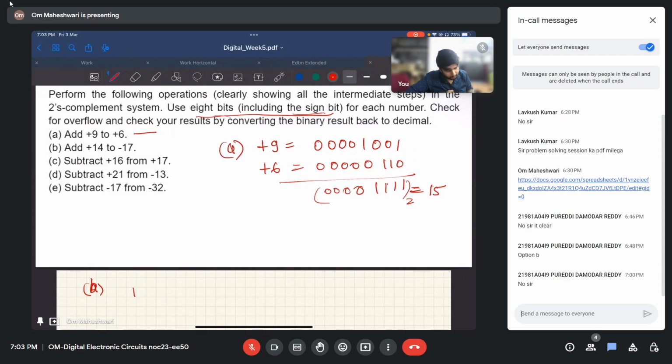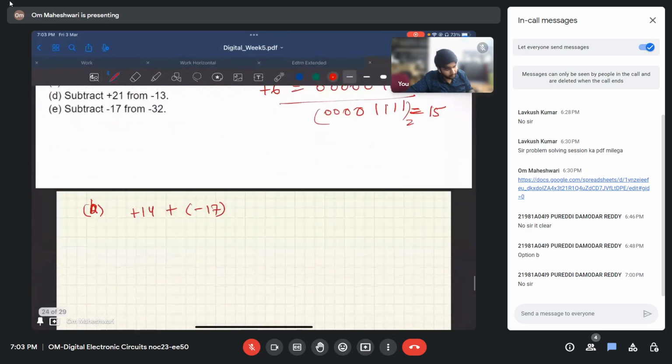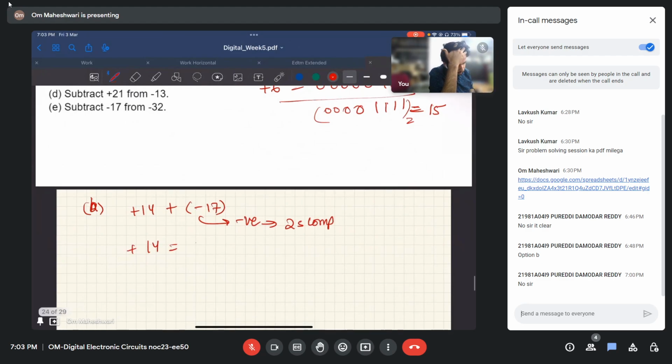B part is add plus 14 plus minus 17. So 14 and a negative number, that means we write 2's complement. So 14 is 0 0 0 0 1 1 1 0. Plus 17 we write as 0 0 0 1 0 0 0 1, and minus 17 we take its 2's complement.